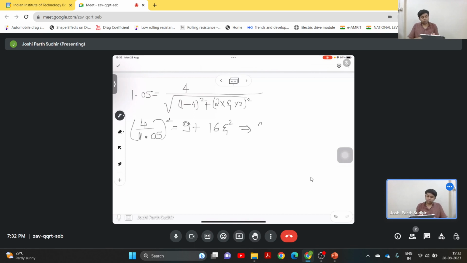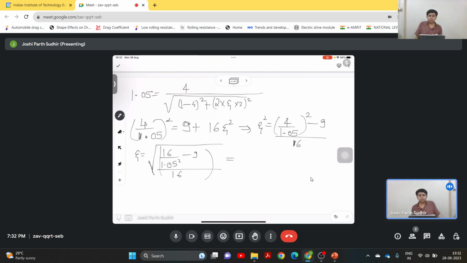Therefore we can write zeta square is equal to (4 upon 1.05) the whole square minus 9, divided by 16. So zeta will be the square root of ((16 by 1.05 square) minus 9) divided by 16, the whole thing under the root. We can solve this equation to find out the value of zeta.